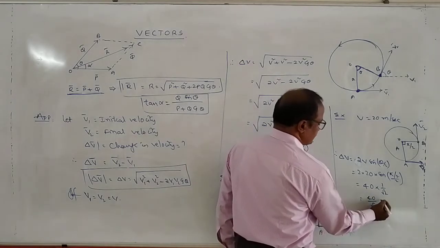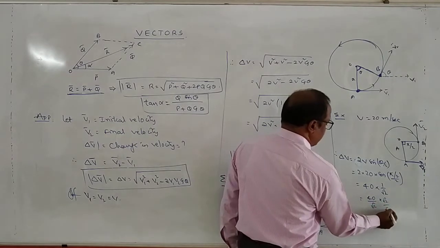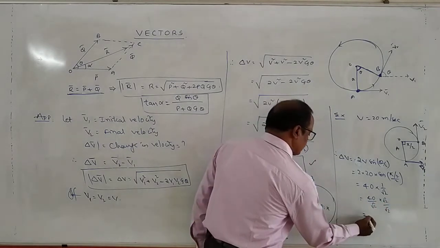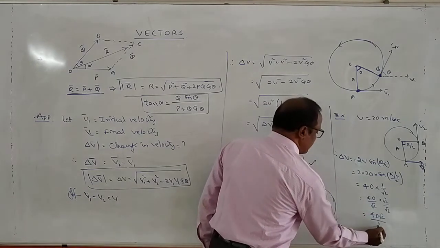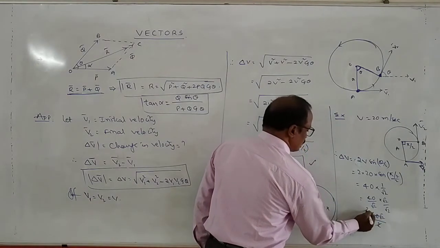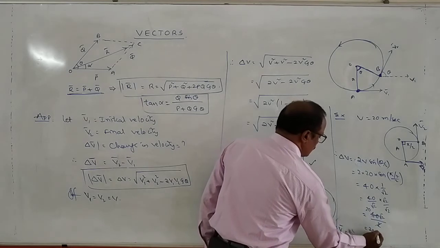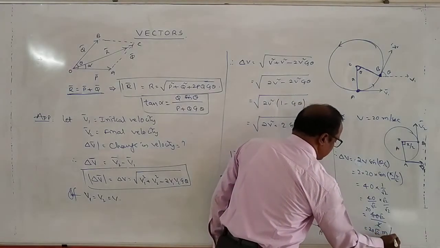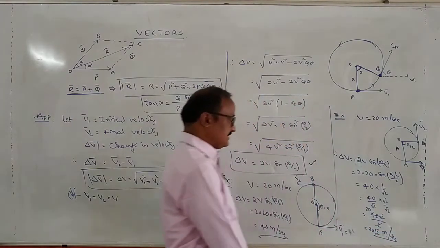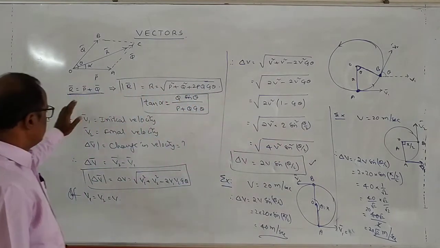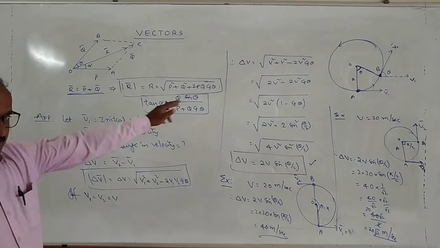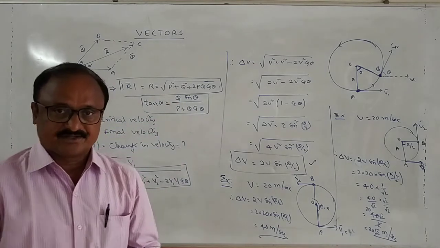For convenience, multiply and divide by root 2. That is 40 root 2 by 2, which gives 20 root 2 meter per second. This is the change in velocity. Do you understand? So this is the concept of change in velocity on the basis of the cosine law of vectors.